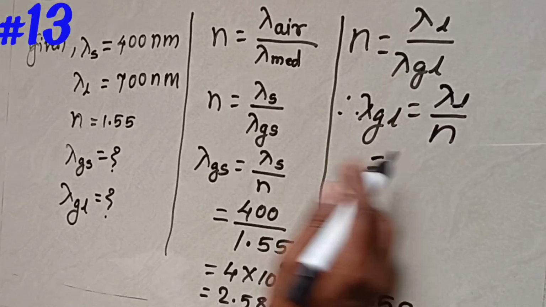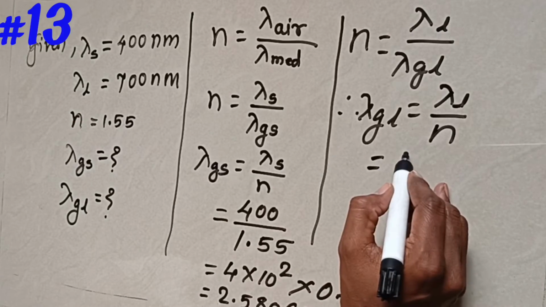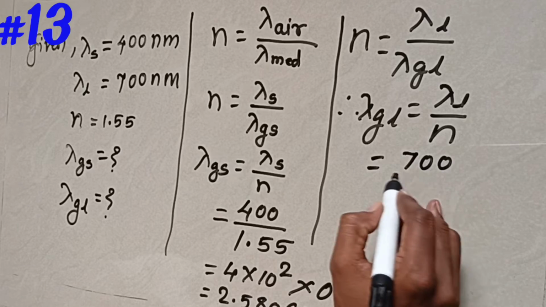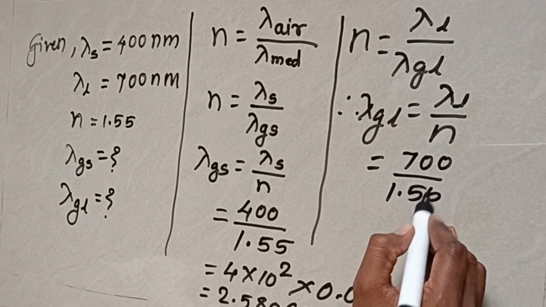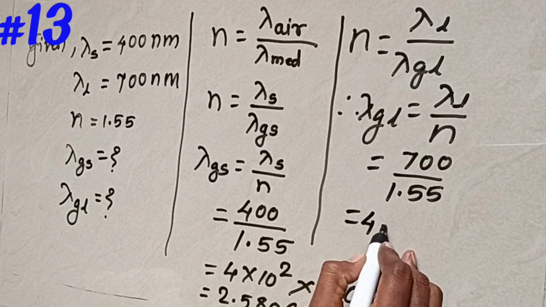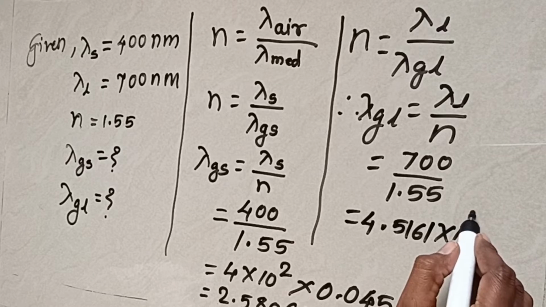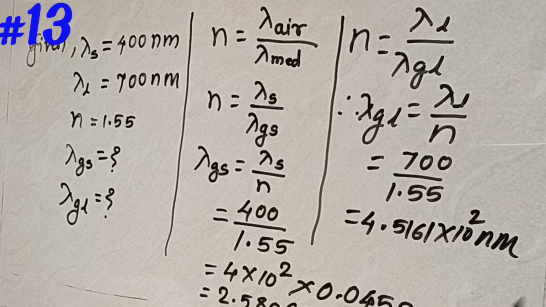Similarly, for the largest wavelength, 700 divided by 1.55 gives 4.5161 into 10 raised to 2 nanometer. Right? This is the wavelength range in a glass medium for the white light having the wavelength 400 nanometer to 700 nanometer.